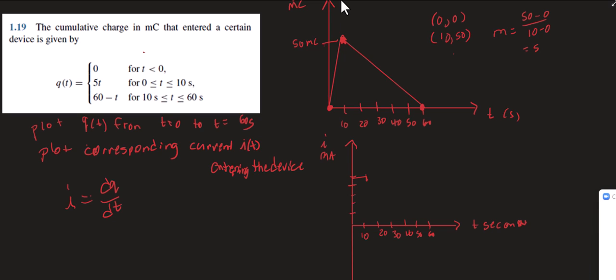That's supposed to be a horizontal line. We can live with it. Okay, and then for this second part of my line, my starting point is 10, 50, and my ending point is 60, 0. So my slope is 0 minus 50 over 60 minus 10, which is negative 50 over 50, which is negative 1.